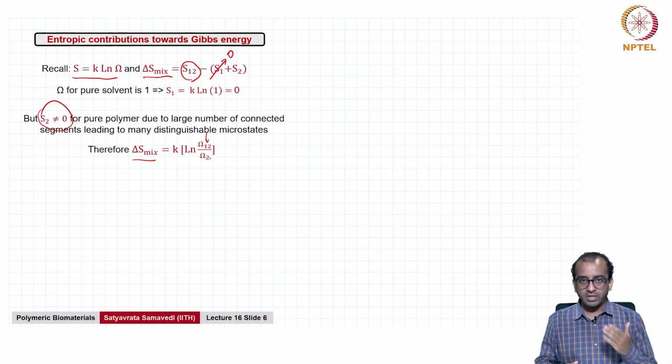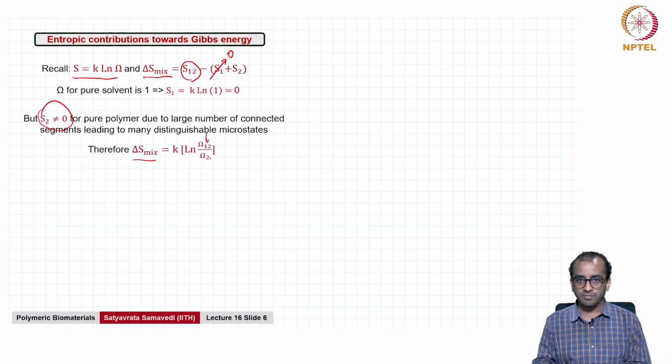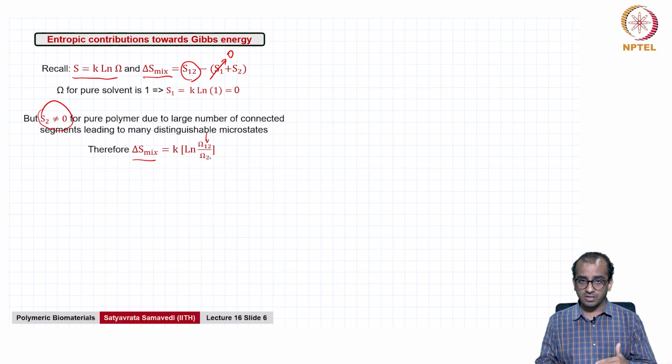and accounting for the number of distinguishable microstates that exist for the polymer in the pure state and in the mixed state for the polymer and solvent system, the details of which we are going to skip because that is not the focus of this lecture.